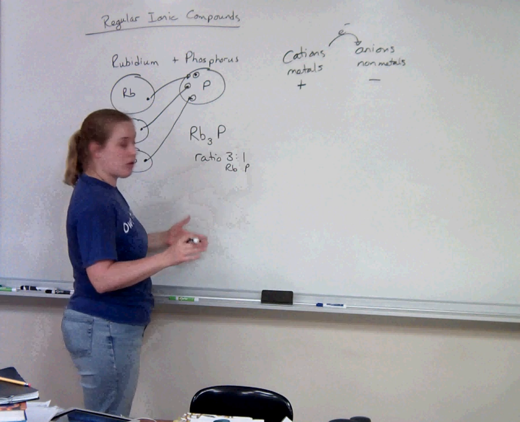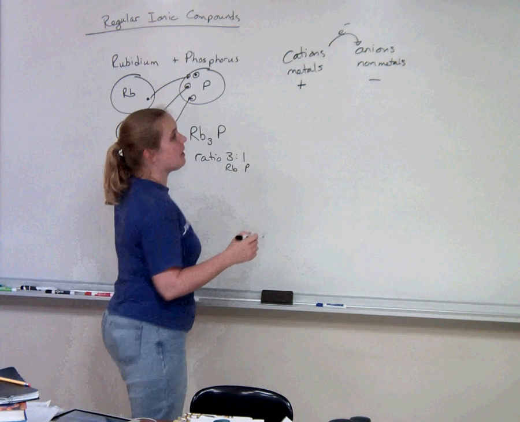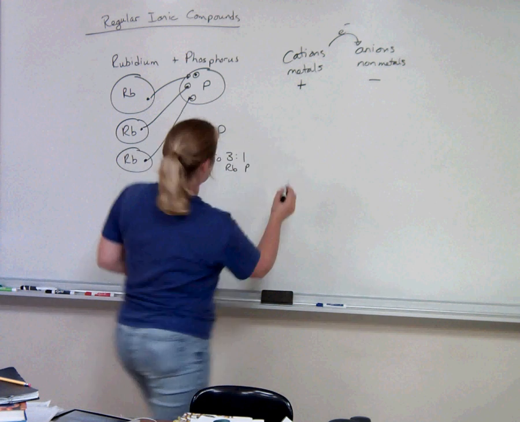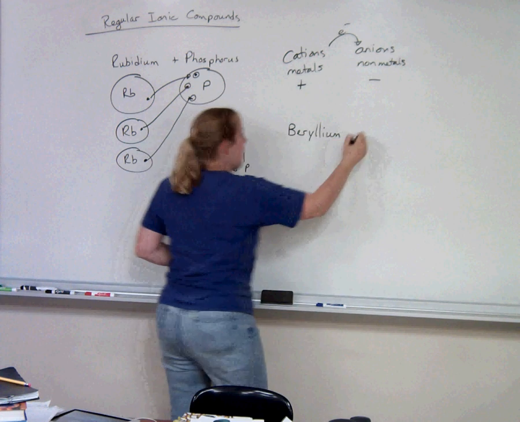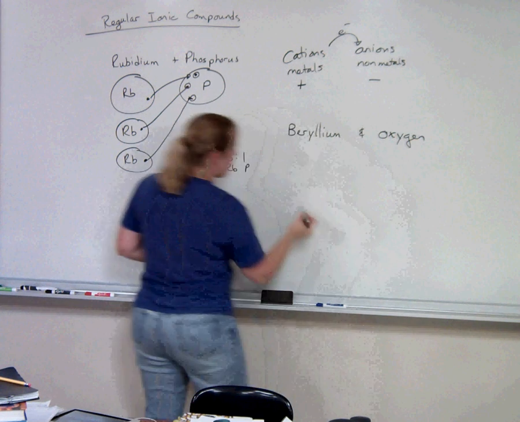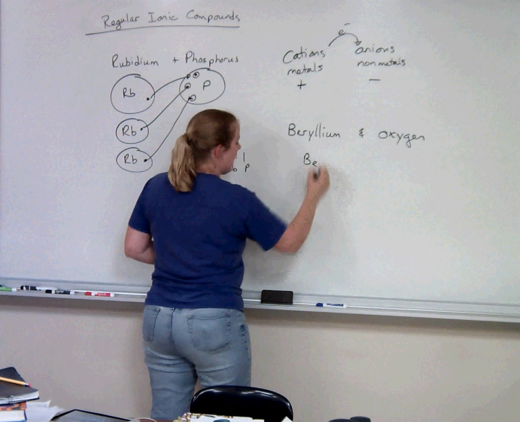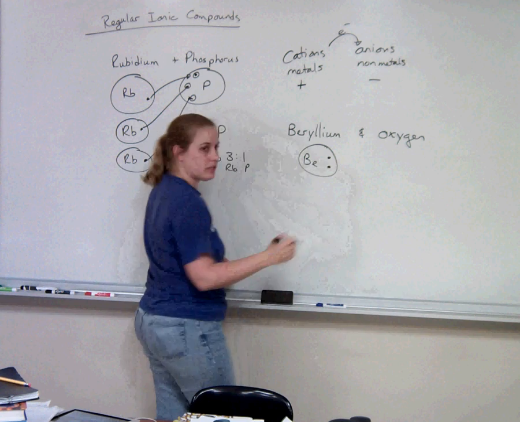Let's do another one. Let's say that we have beryllium and oxygen. All right, so beryllium is in the alkaline earth metals, so it's got 2 electrons in its valence shell that it wants to give away.